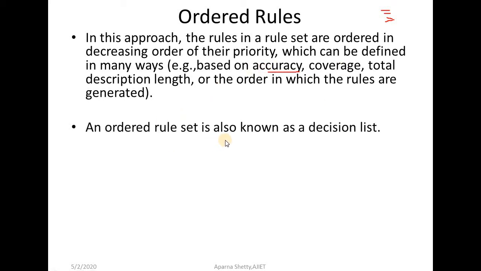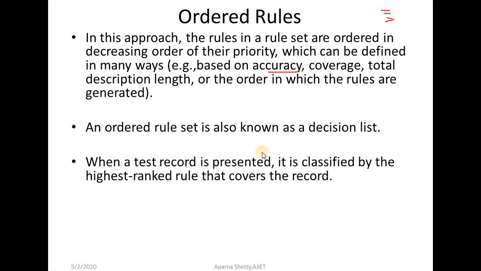An ordered rule set is also known as a decision list. When a test record is presented, it is classified by the highest ranked rule that covers the record. So here you have arranged the rules according to the decreasing order of their accuracy. The first rule that is triggered classifies the record based on the class of that rule.